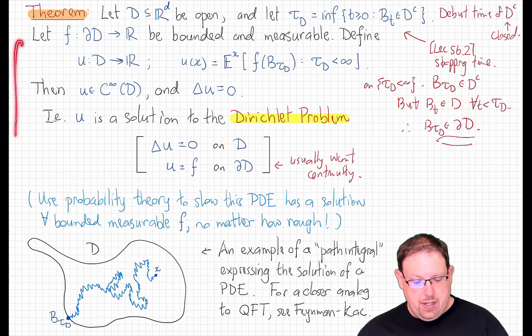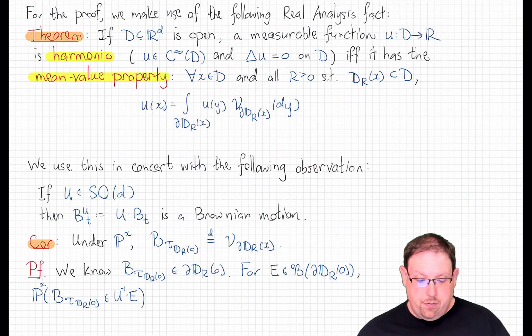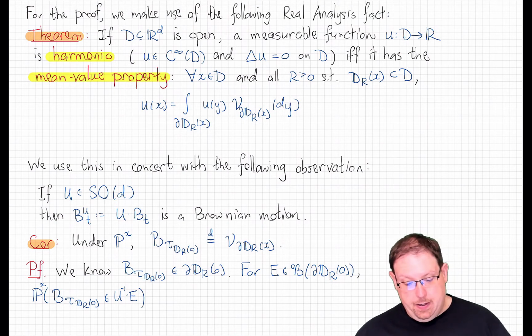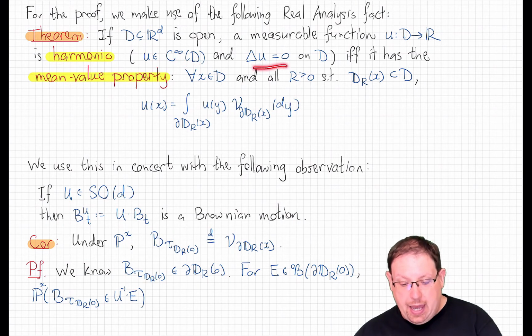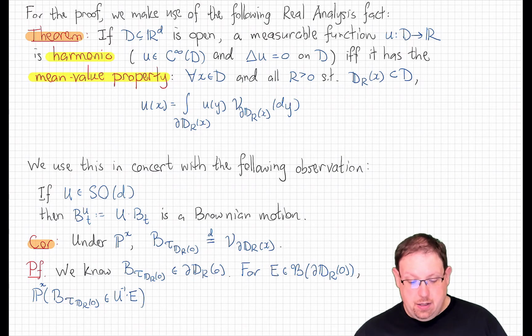We're going to prove this fact now, and to do so, we're going to require the following theorem from harmonic analysis, which gives an alternate characterization of what it means for a function to be harmonic. If D is an open subset of Euclidean space, then a measurable function u on D is harmonic, which means that u is infinitely smooth and has Laplacian 0 on D, if and only if it has the mean value property, which we'll write in the following form.